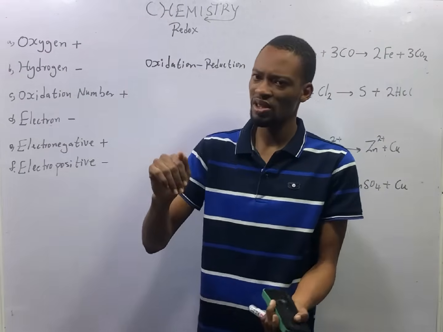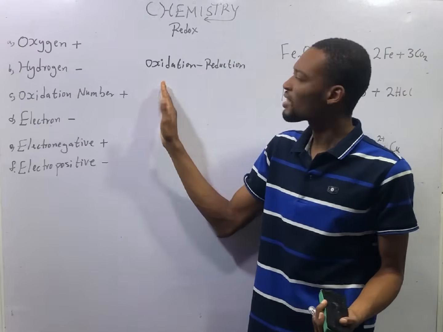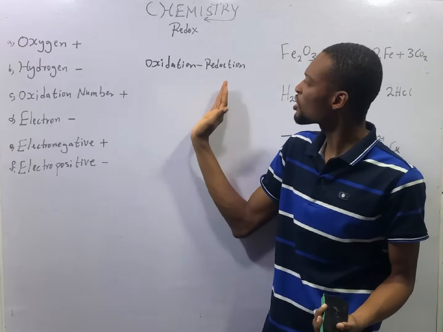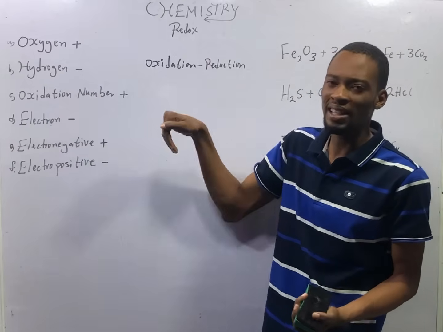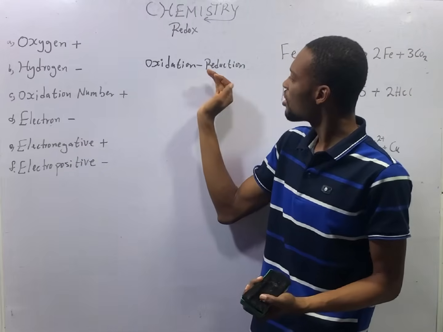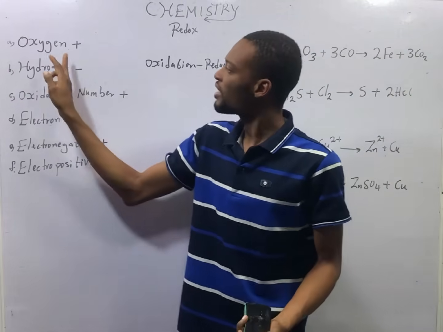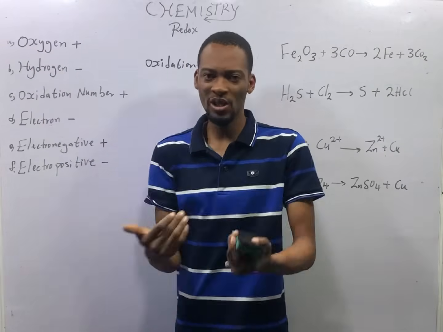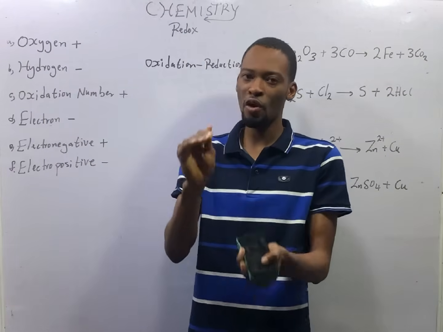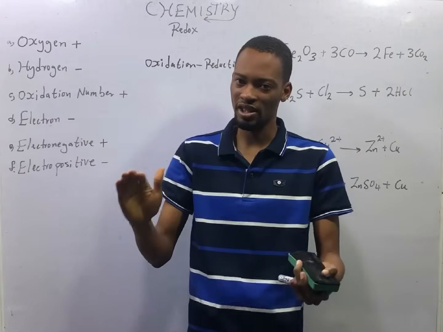Oxidation and reduction are opposite, which means if oxidation is addition of one thing, reduction will be removal of that thing. If oxidation is the removal of something, reduction will be addition of that thing. For example, in terms of oxygen, oxidation is the addition of oxygen and reduction is the removal of oxygen.